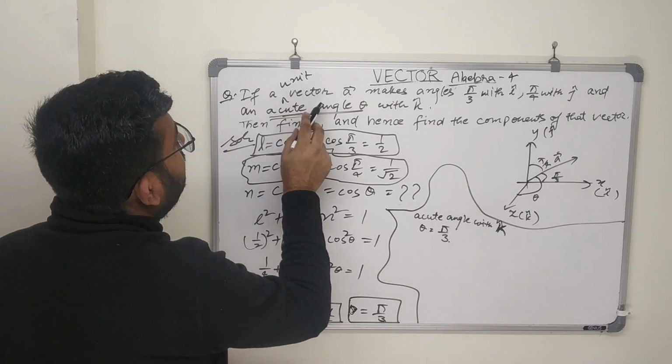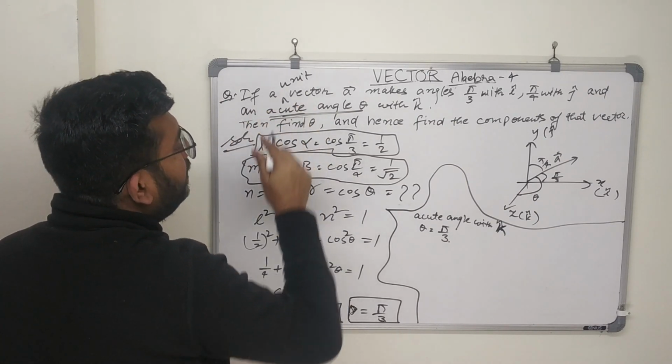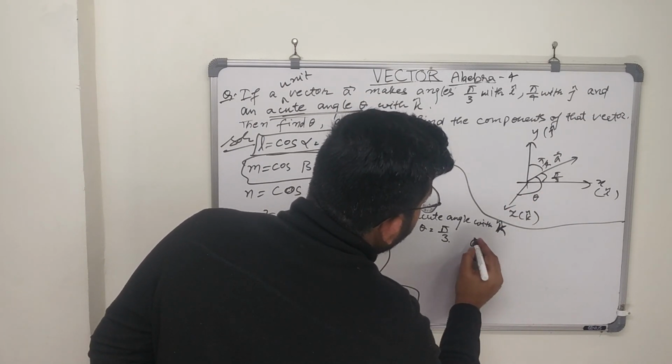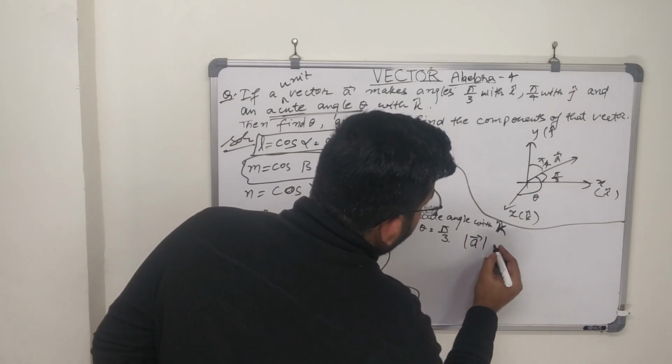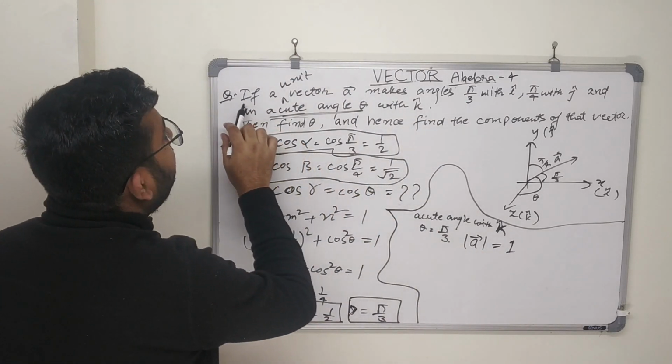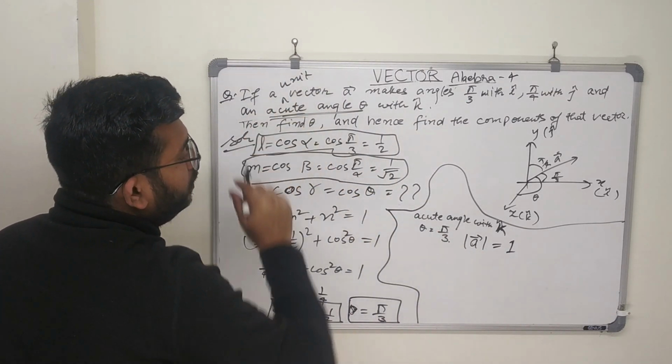So if it is a unit vector, we can say that the magnitude of this vector is equal to 1, because it is already given that the vector is a unit vector.